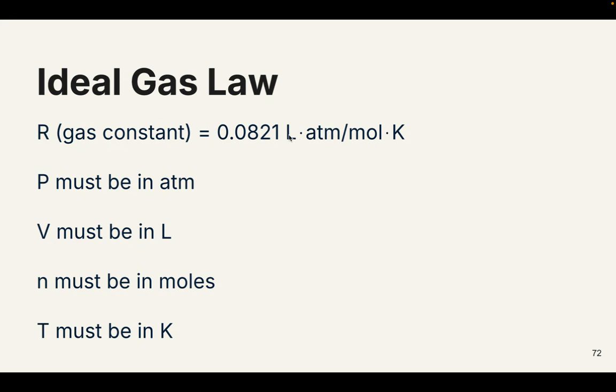Our volume needs to be in liters. N must be in moles, it can't be in grams. And T, or temperature, must be in Kelvin. If you don't have any of these variables in the correct unit, you are not going to get the correct answer, and your units would be messed up.